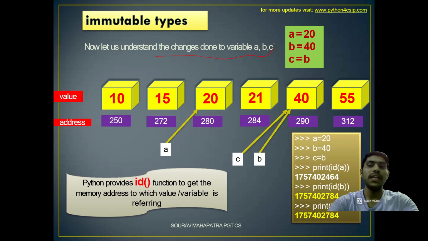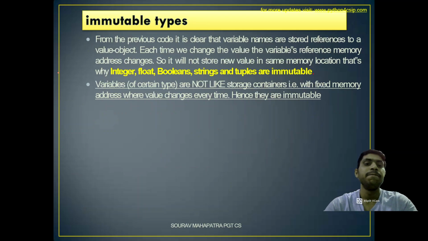Changes done to the variables A, B, C: A equal to 20, B equal to 40, C equal to B. Now A is 20, referring to this address. Then B is 40, with a different address. C equal to B, so you can see both C and B are referring to this address. So from the previous code it is clear that variable names store a reference to the value object. Each time we change the value, the variable's reference memory address also changes.